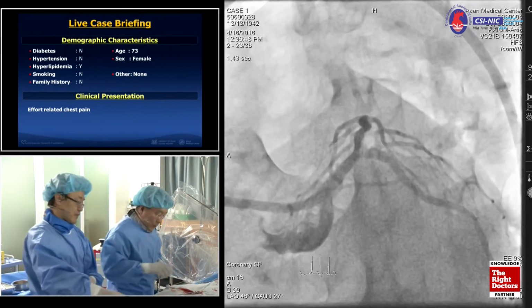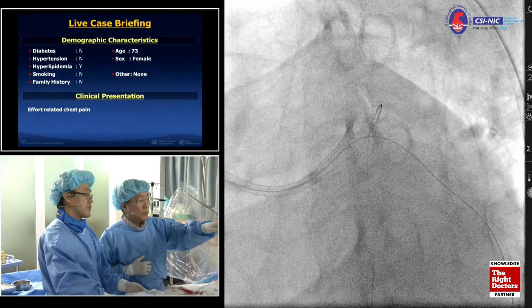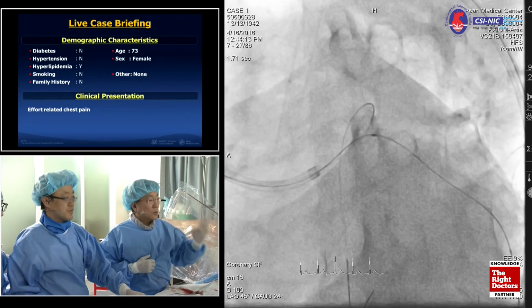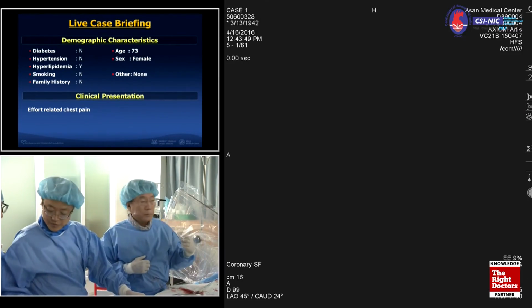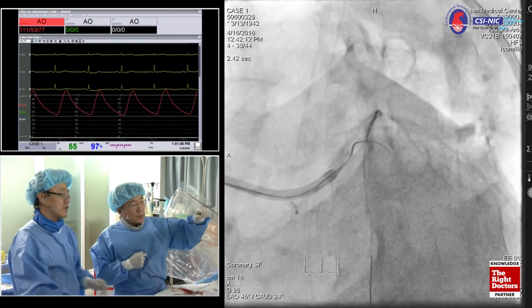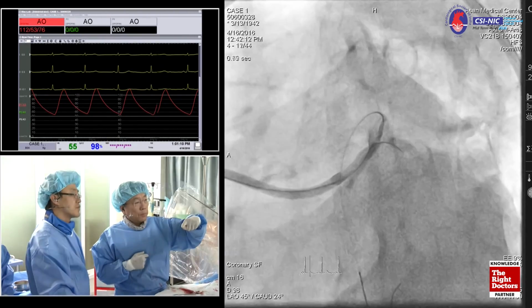Okay, so there are some difficulties. Would you show us the previous one? Wiring is quite easy to the LAD, previous one? Some difficulties across the central with wires.